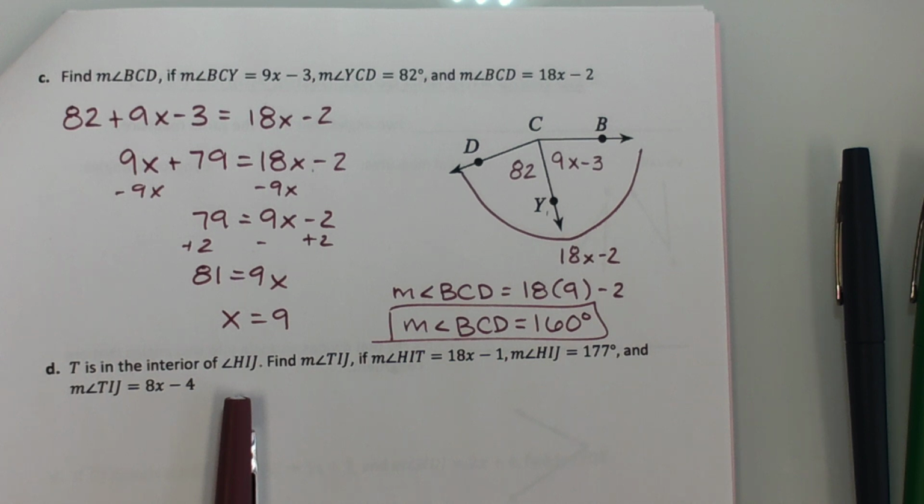We should get a negative for the angle measurement. Because this was also a negative, you would have gotten a positive, and then when you put it in there, you'll get a positive. Good so far, you're just not done. You've got to plug it back in.